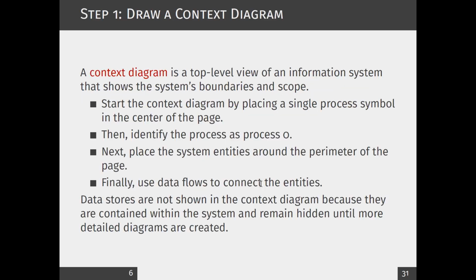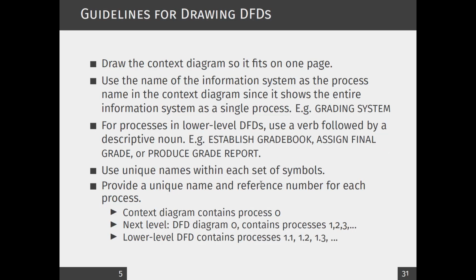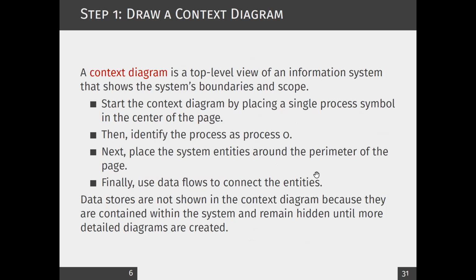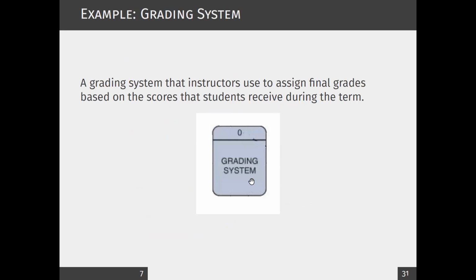So this is the starting point. And in the present example, the single process could be a grading system. So in the middle of the page, we can draw the symbol to represent the process, and we can name it grading system.